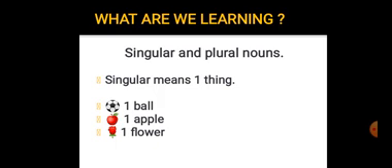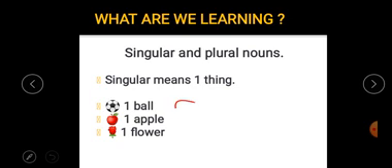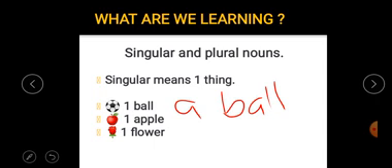You will use it for single things, something that is just one. So if I don't want to say one ball, I can say a ball. That's what I can say. It still means the same thing. A means one. If I don't want to say one flower, I can say a flower.